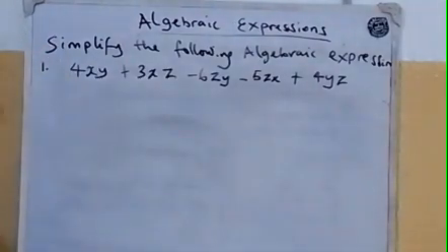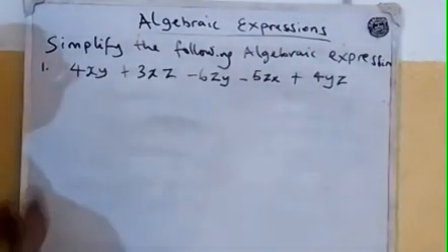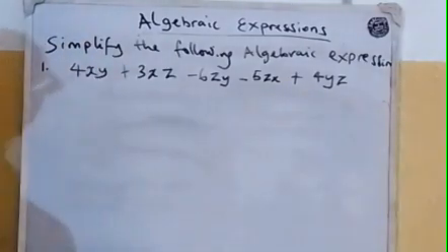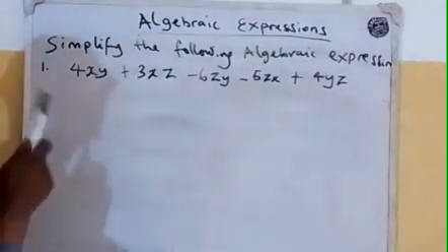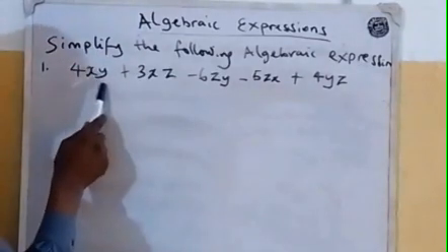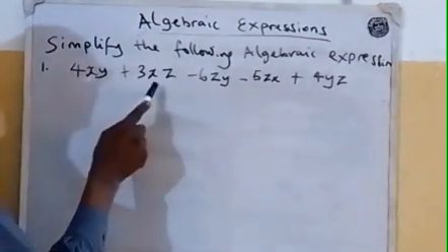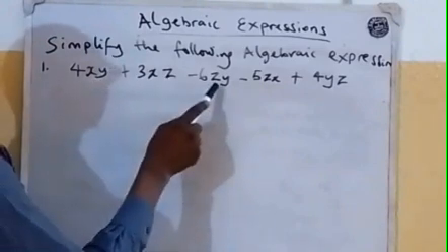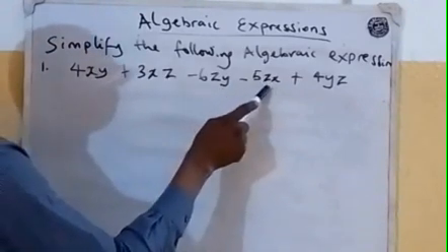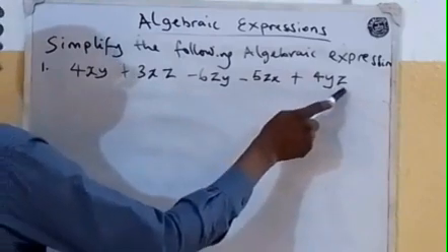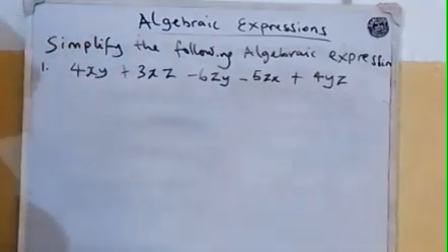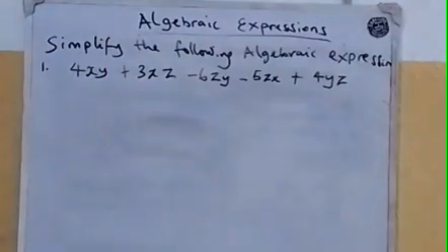Now, in this algebraic expression, I'm going to inspect. Inspection means I'm going to look at it one by one. How many variables can I identify here? xy is a variable. xz is a variable. zy is a variable. zx is a variable. And yz is a variable. Algebraic expressions obey the rules of operations: commutativity, associativity, and distributivity.